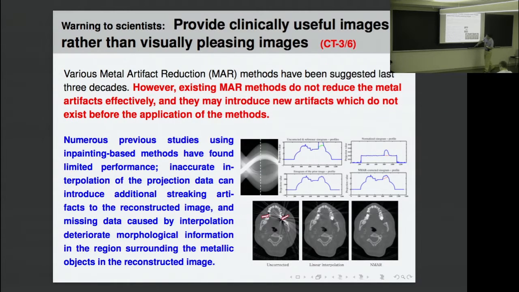So maybe some people think about the inpainting method. There is some missing data here, and you may use inpainting data. But my opinion is that current inpainting does not work. Because of the metal there is some missing data around here, and they just inpaint that part, but that has limited performance.